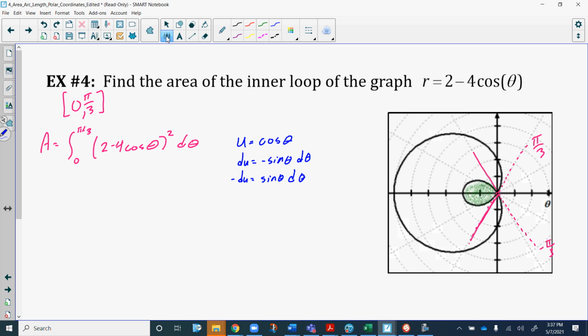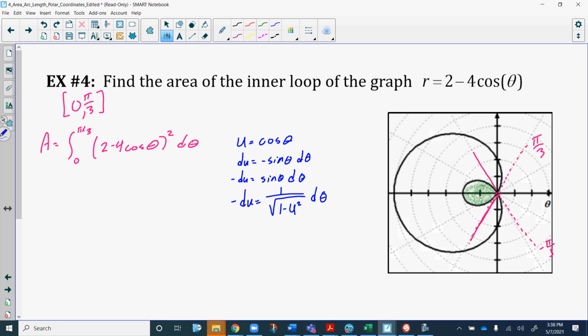So what we wind up with in this case is negative du is equal to 1 over the square root of 1 minus u squared d theta. And I'm going to have to substitute that. I can't take that as a constant. I have to substitute that into the integrand and work with it from there.